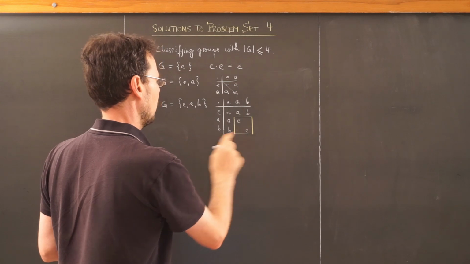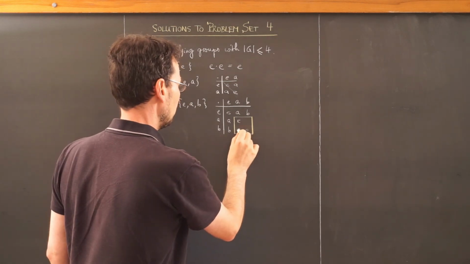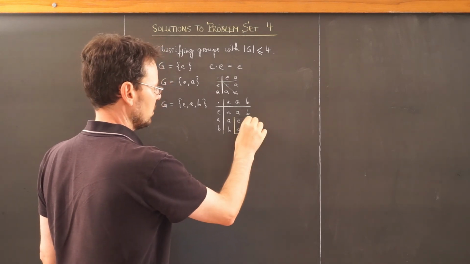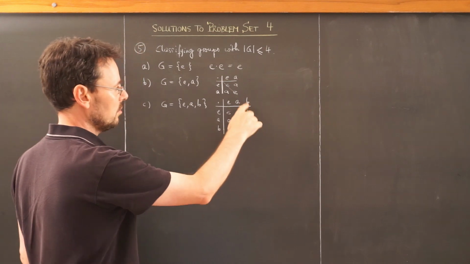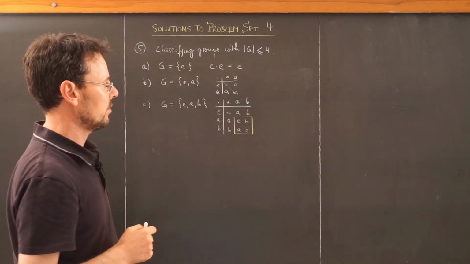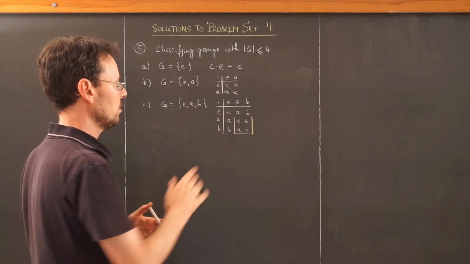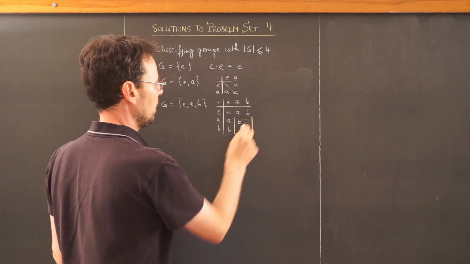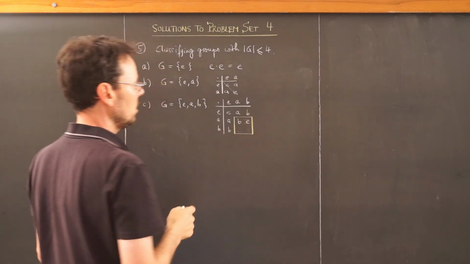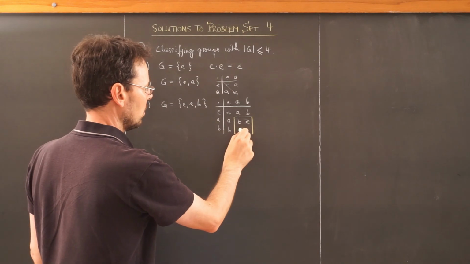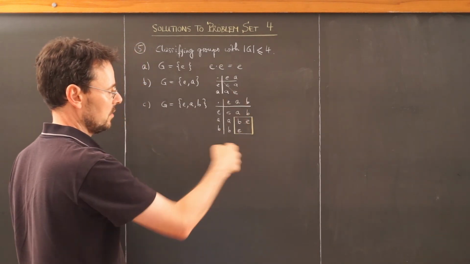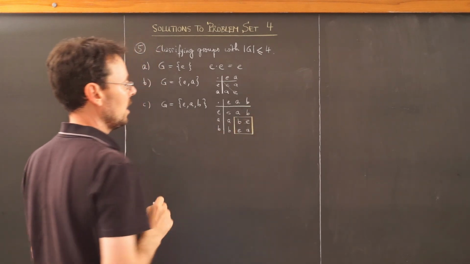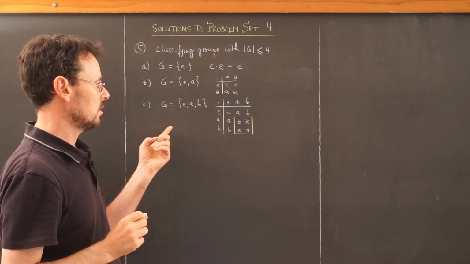So here I must have A, and here this doesn't work because I need B, but this cannot be because I already have B. So this is not possible. So the only possible choice here is B, and then this leaves me with E here. And now here I need to have E because of this column, and here I need to have A. And now this is a consistent group table.